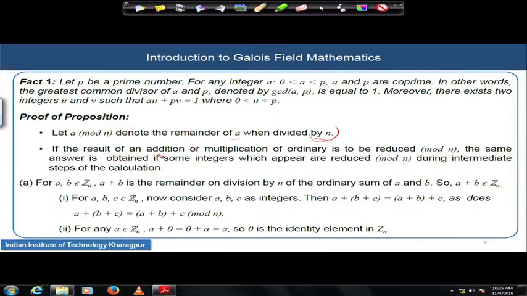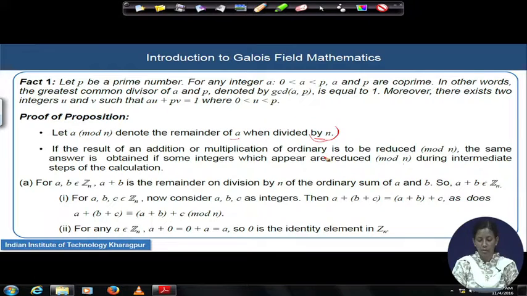Suppose I am getting a result after the addition or multiplication of ordinary numbers which is reduced mod n. You will always get the same answer if the integers which appear are reduced mod n during the intermediate calculation. The results become the same.